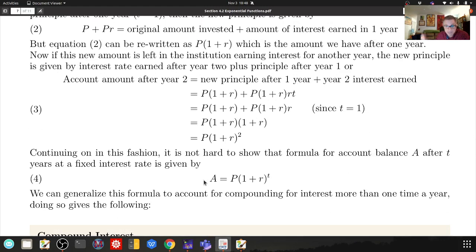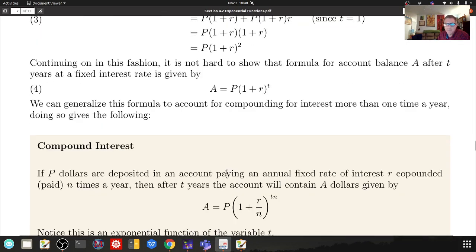And if we continue on in this fashion, it's not hard to show that the formula for the account balance A after T years at a fixed interest rate is given by A is equal to P times 1 plus R raised to the T. So we're going to generalize this formula.